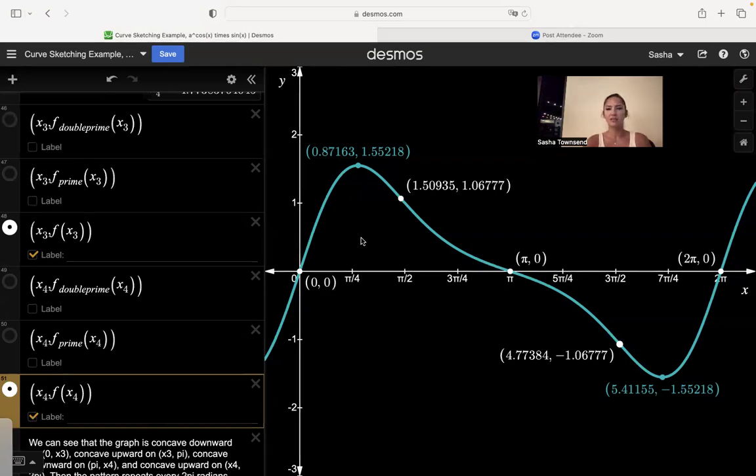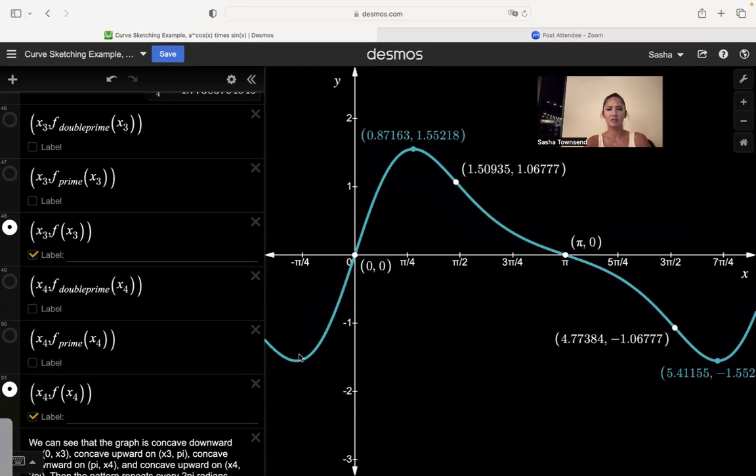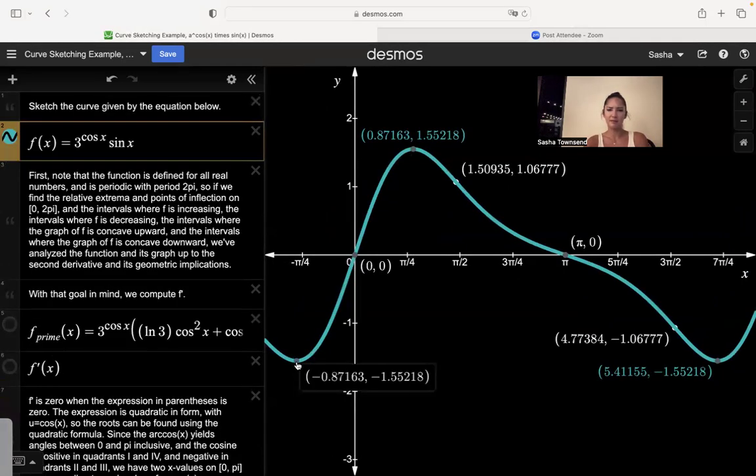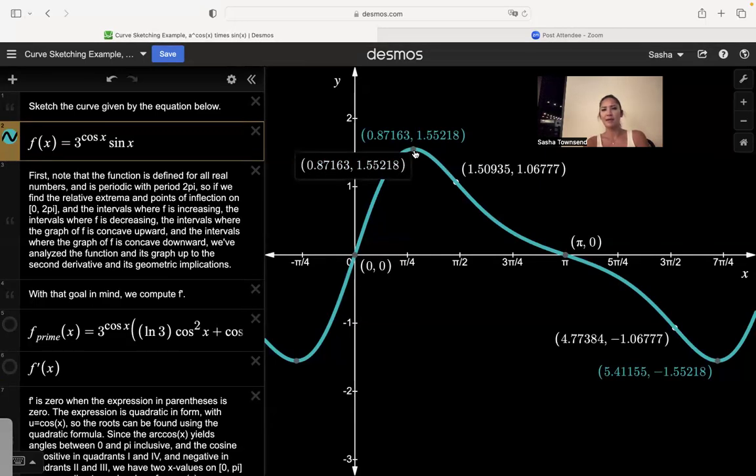We can see just from looking at this that the original function is increasing from this x value over here, from this minimum, this negative 0.87, which is just that cosine value. We said that we had the arc cosine of a particular value that gave us 0.87 radians.